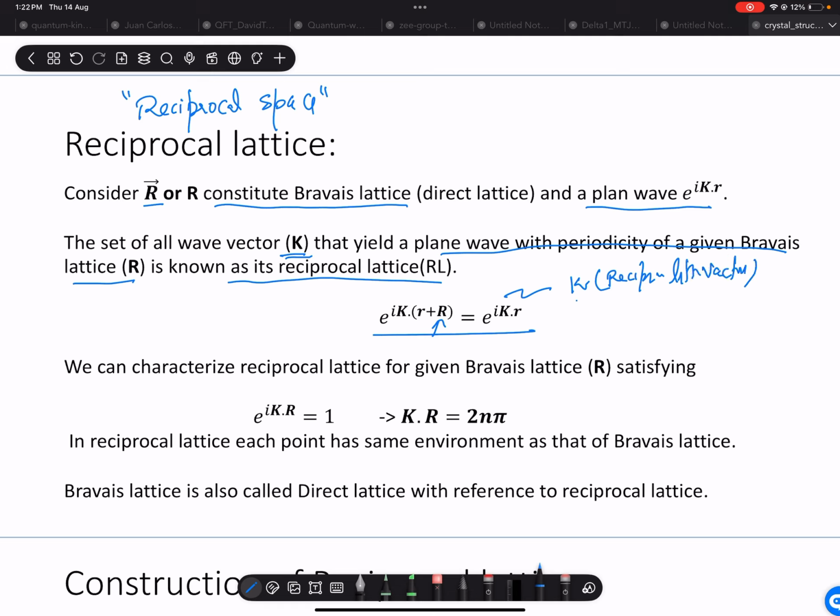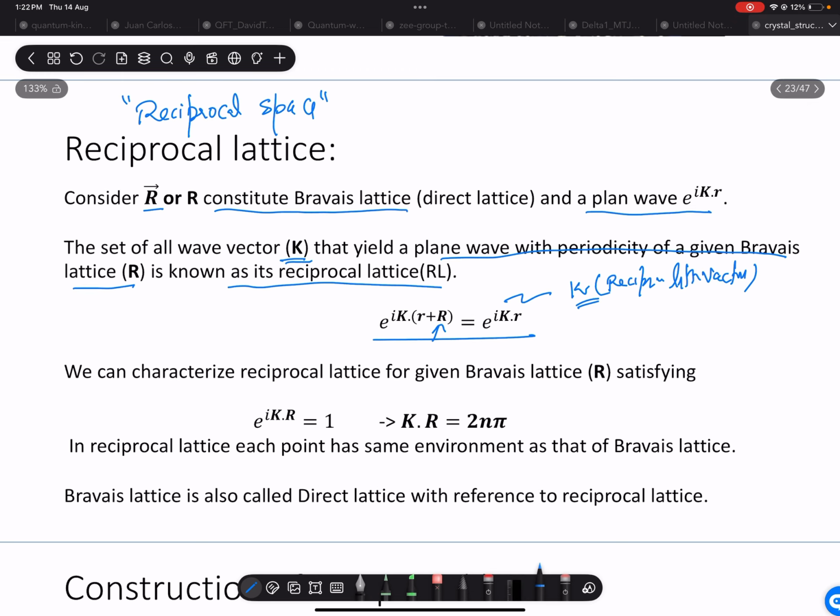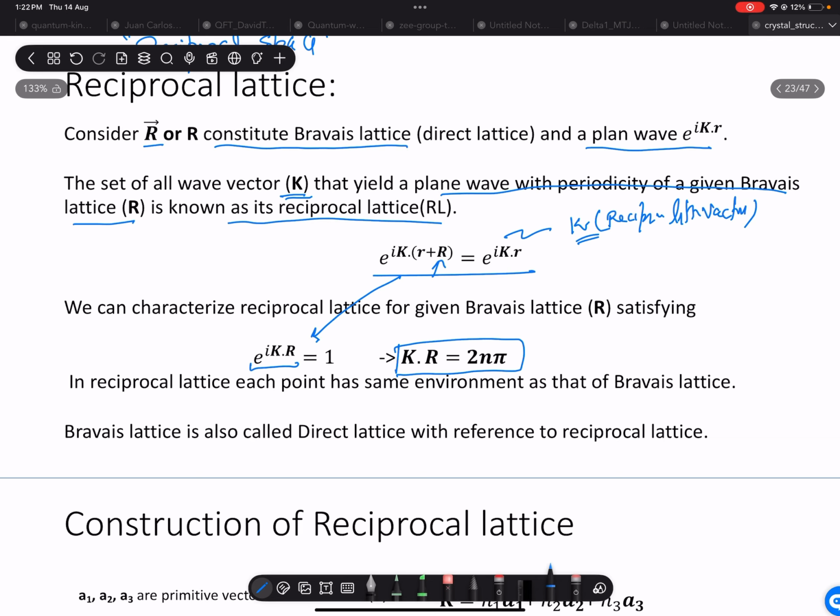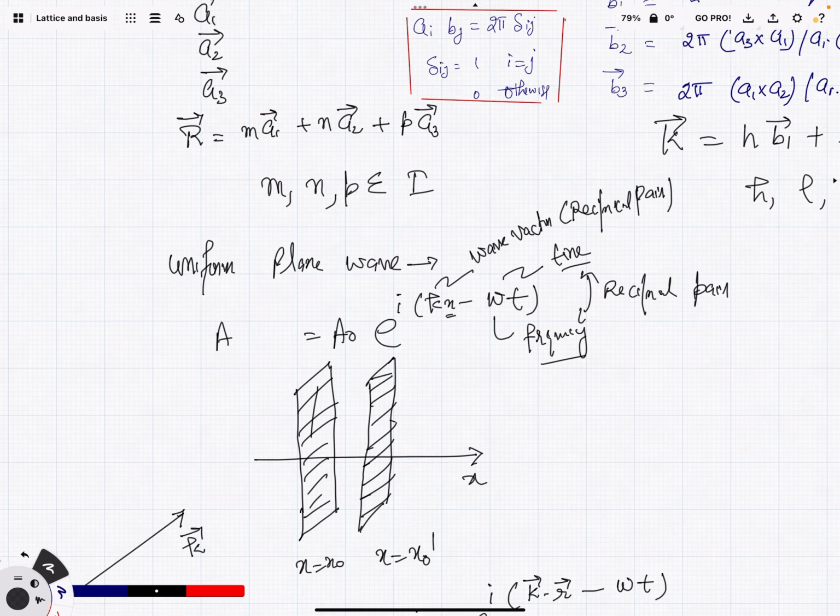So you see, reciprocal lattice vectors, as we've seen, are like a Fourier version of it, and they can be defined in this way. That means if e raised to i k dot r has to be 1, then k dot r has to be 2 pi n, where n is some integer, and this is the precise condition that we derived earlier.